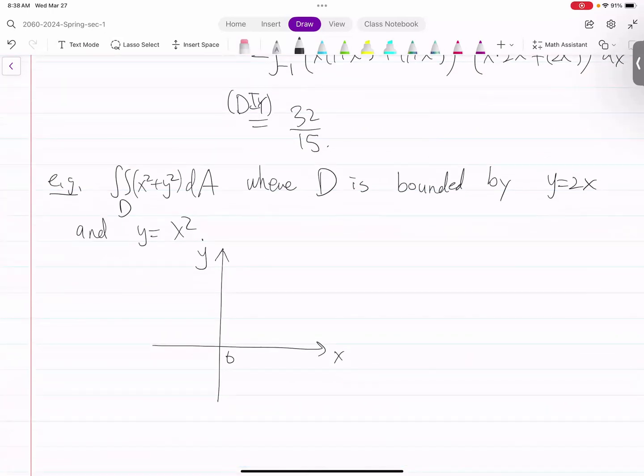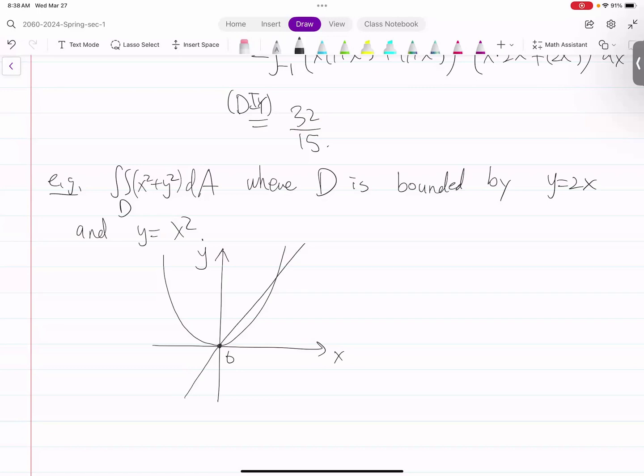So we start with the parabola. It's just the parabola opening upwards, going through the origin. And then we realize that y equal to 2x is also a line going through the origin, and the slope is positive. Okay.